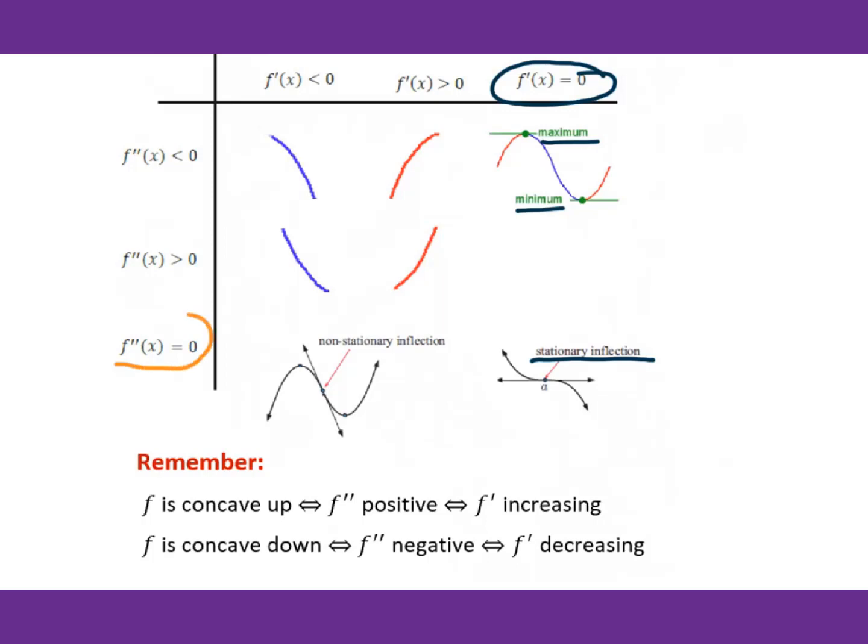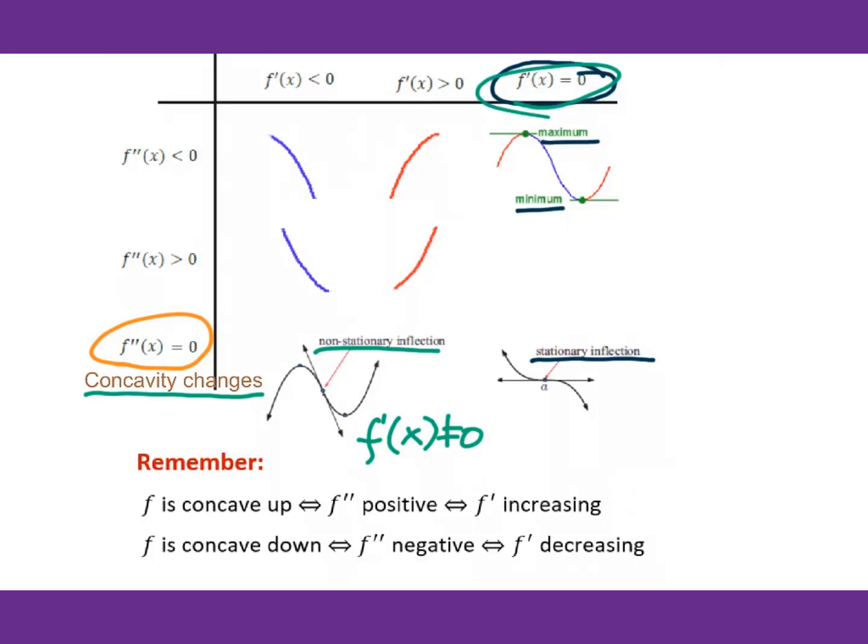When the second derivative equals 0 and concavity changes, there are two types of inflection point. It could be a non-stationary inflection point when the first derivative is not equal to 0, or a stationary inflection point when the first derivative equals 0.